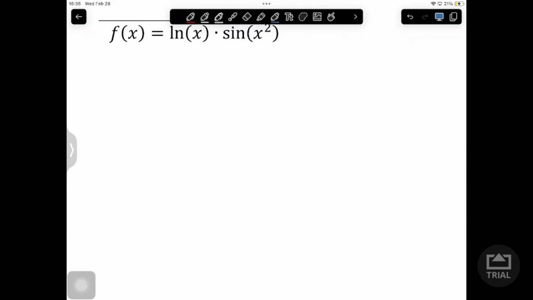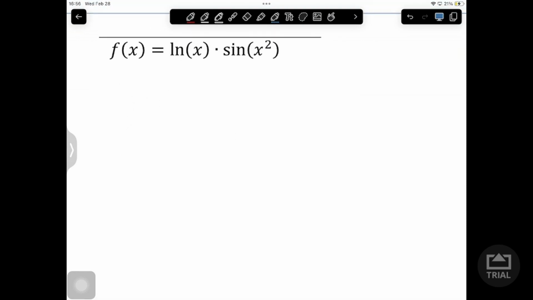To get the first derivative, it's just basic product rule. It's a natural log, so that's 1 over x. Let me increase the size of the pencil. There we go.